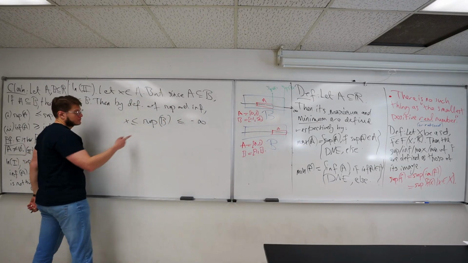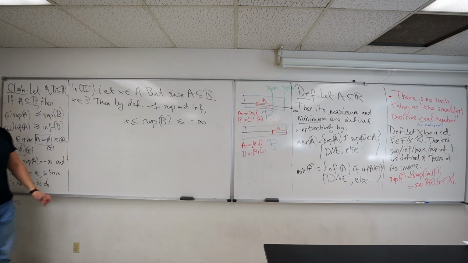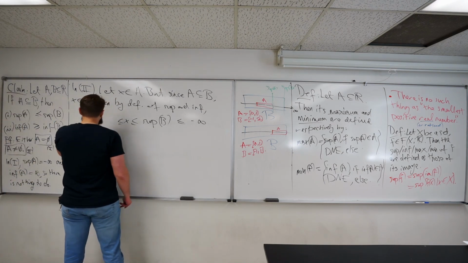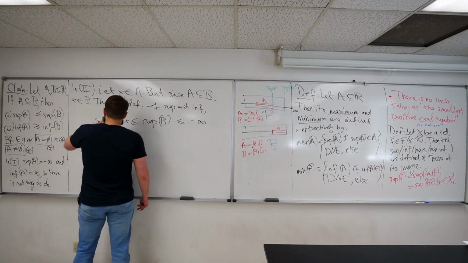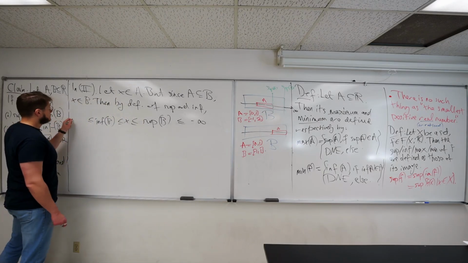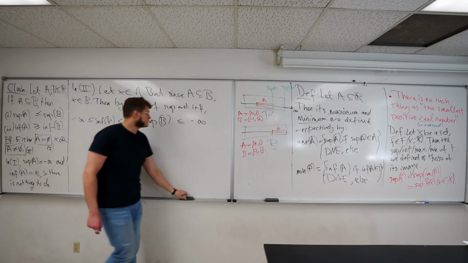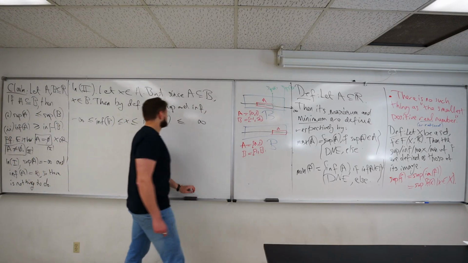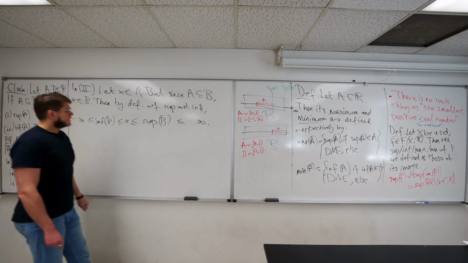I'm allowing the possibility of B to be unbounded. This still makes sense. And likewise, x is bounded from below by inf of B, which is minus infinity. I should have said plus infinity here. OK.